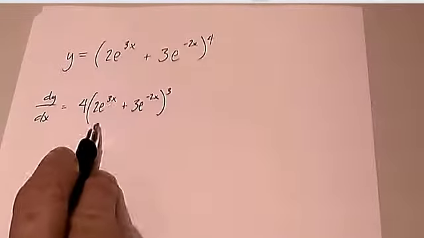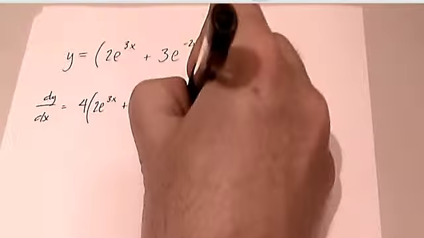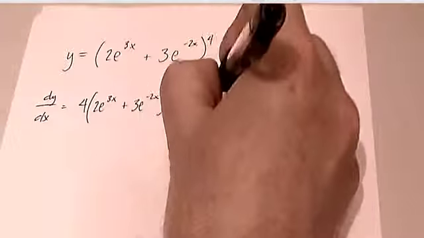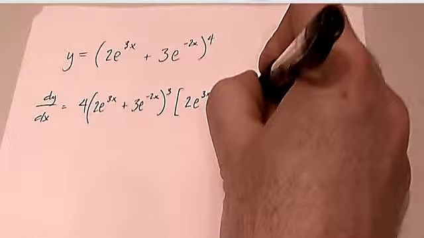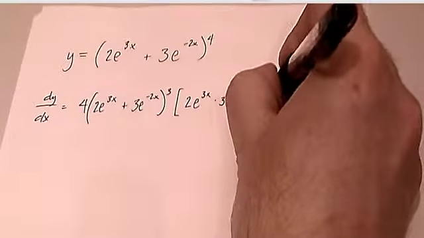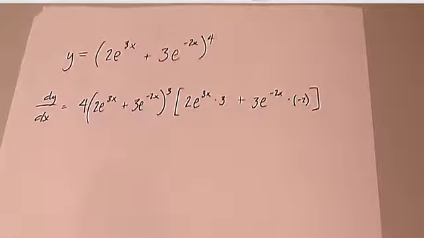Now we need to take the derivative of each term. And each term winds up being 2e to the stuff times the derivative of stuff. And on the second one, it winds up being 3e to the stuff times the derivative of stuff. Okay?